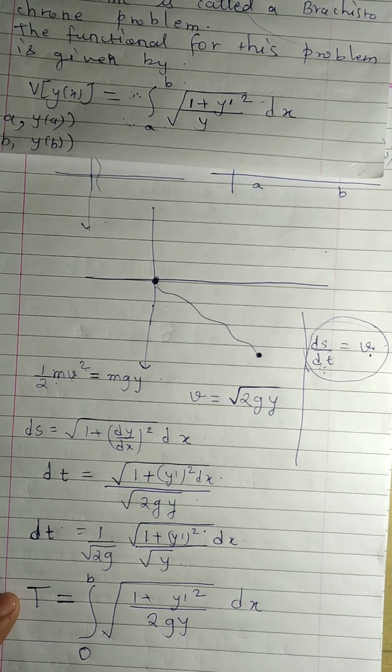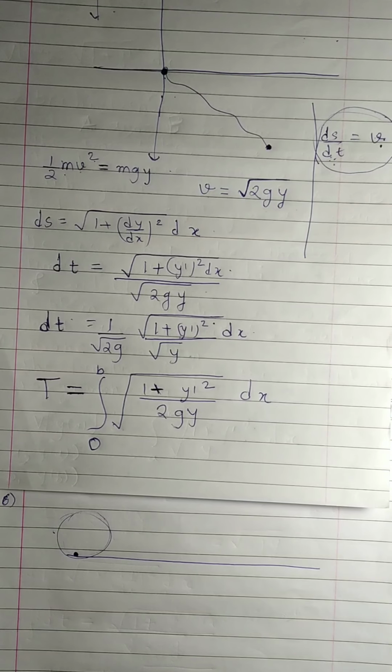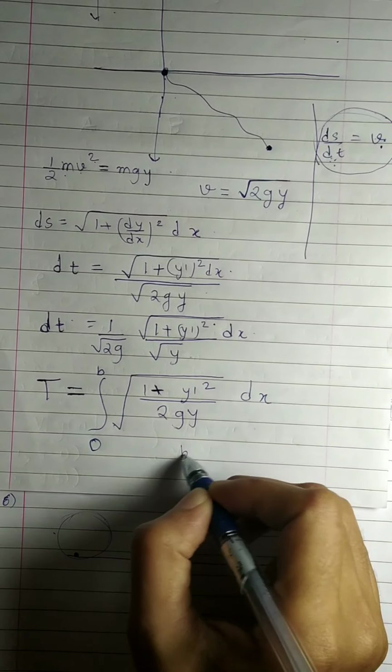Now, why it is called Brachistochrone: the word is derived from Greek, and in Greek brachistos means the shortest and chronos means the time.